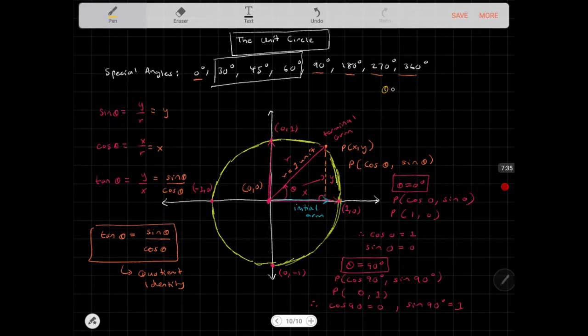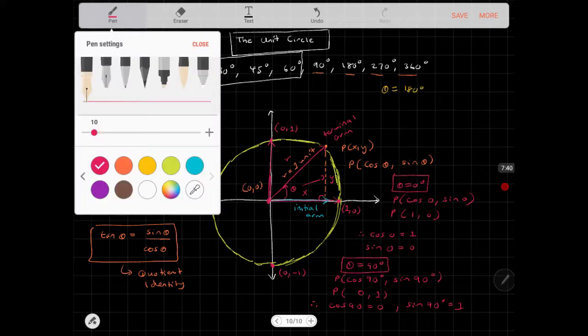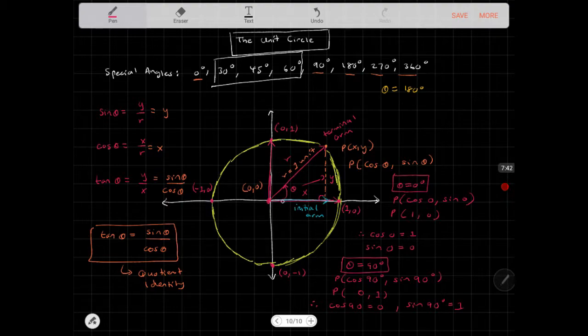Let's say that theta is equal to 180 degrees. Our terminal arm this time would be rotated all the way here, counterclockwise. It would end up there, right? And in this case, the point would be cosine 180, sine 180, and it would be equivalent to -1 and 0.